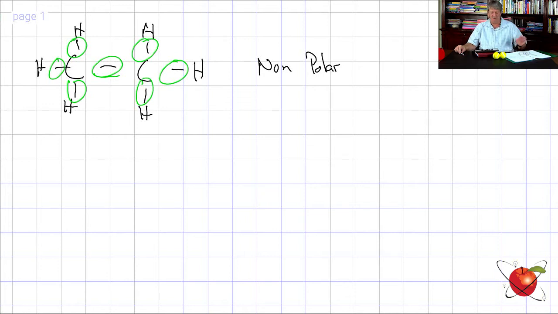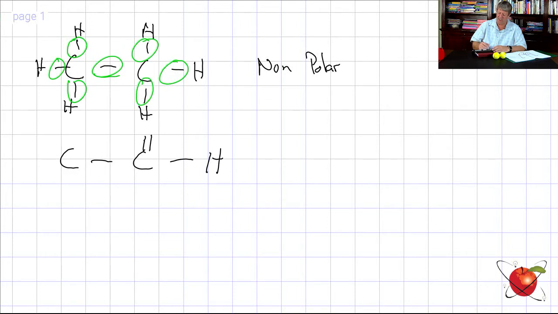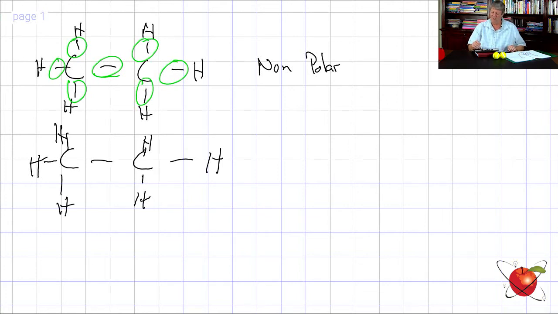Now the next step is we're going to say, but there's one molecule of ethane. How does that molecule of ethane link to another molecule of ethane? C, C, H, H, H, H, okay? We're now going to be looking at the forces that bond these two together.